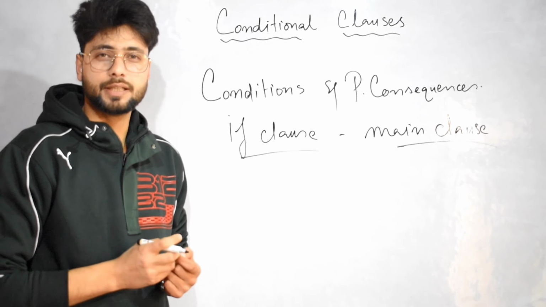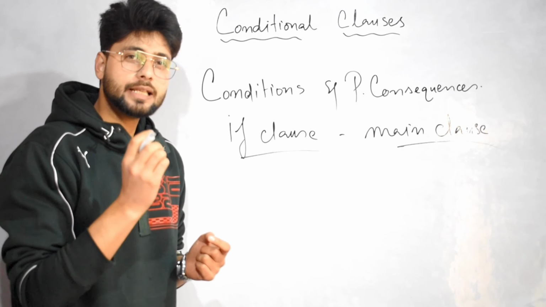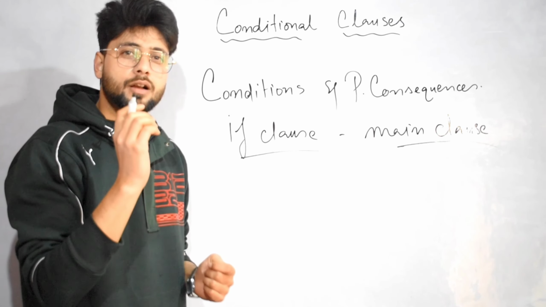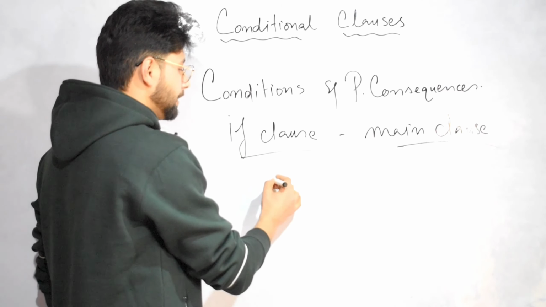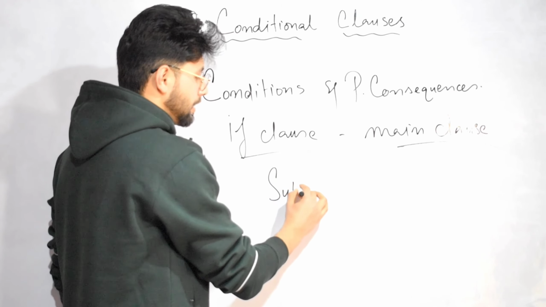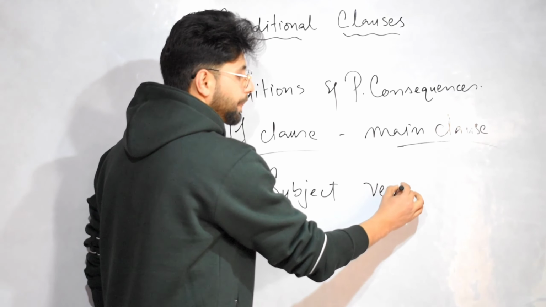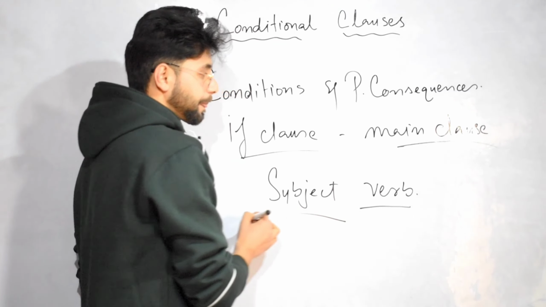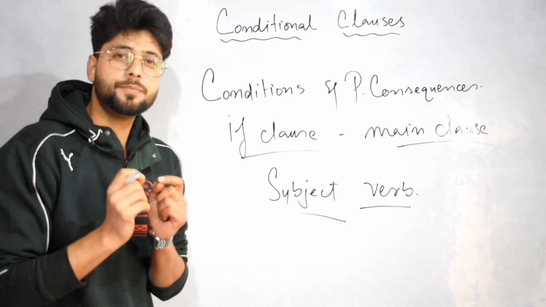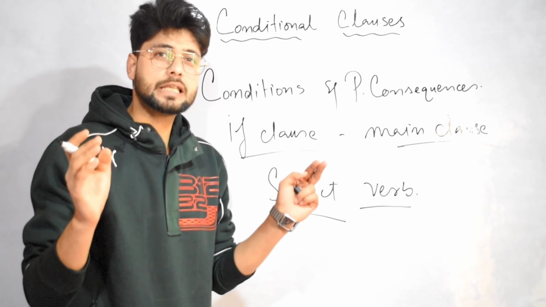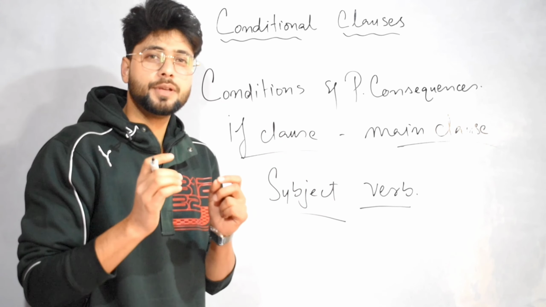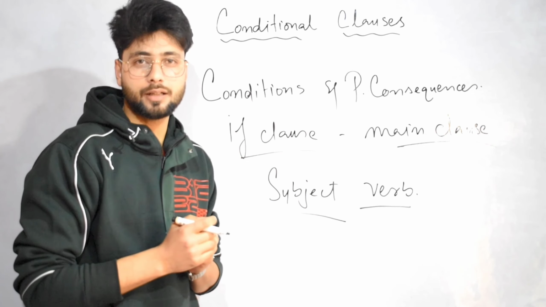This is very simple. It's a group of words consisting of mainly subject and verb. It can either be the part of a large sentence or it can be a sentence by itself.